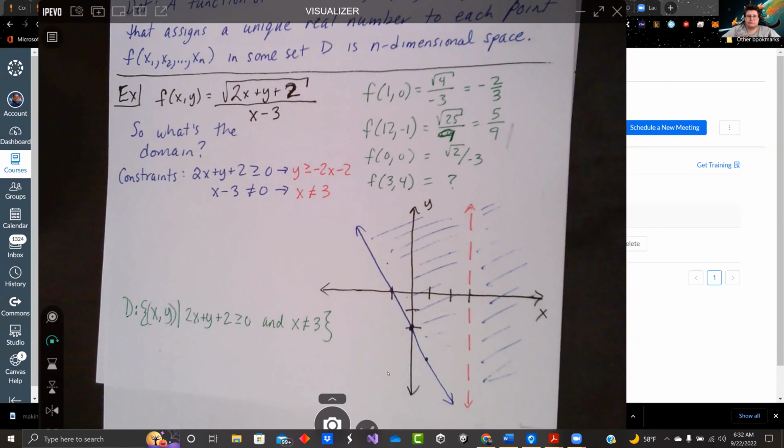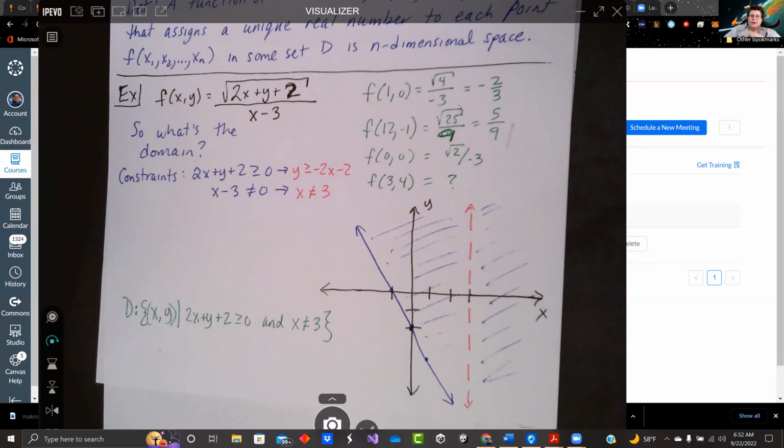And so, how do we graph this kind of thing? I showed the constraints here. You can see the line. This isn't the graph in general, but the blue line is y greater than or equal to 2x minus 2. The dashed line says it does not include x equals 3.